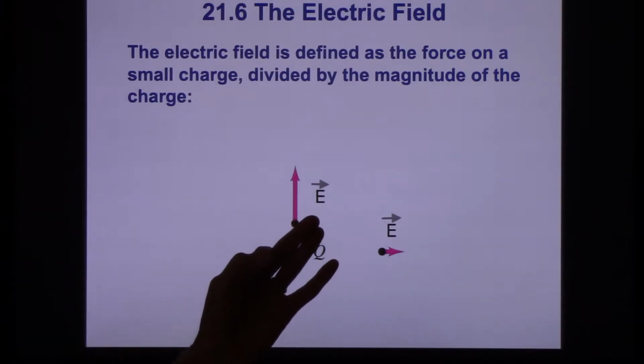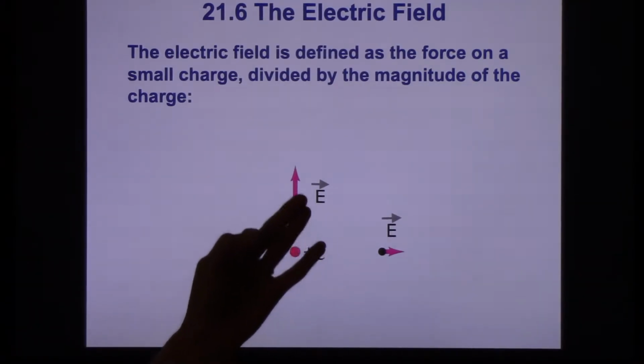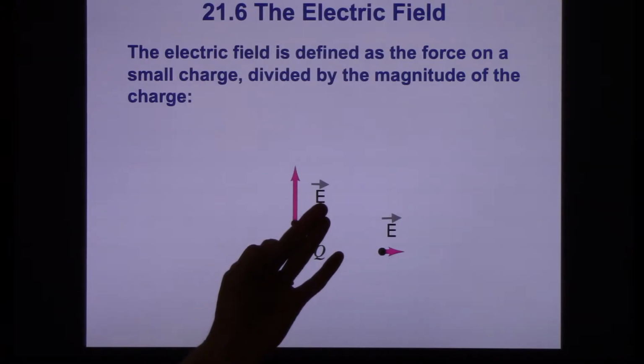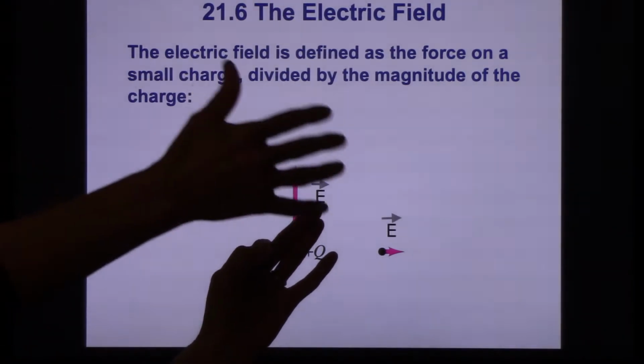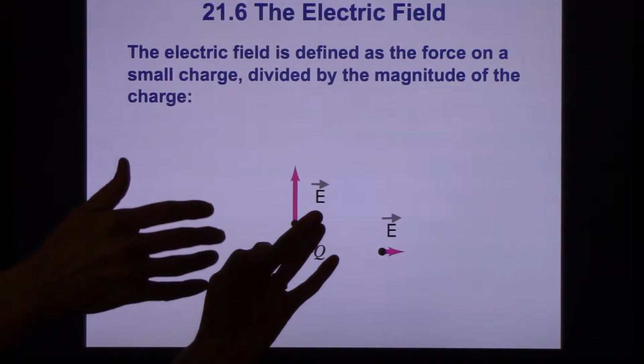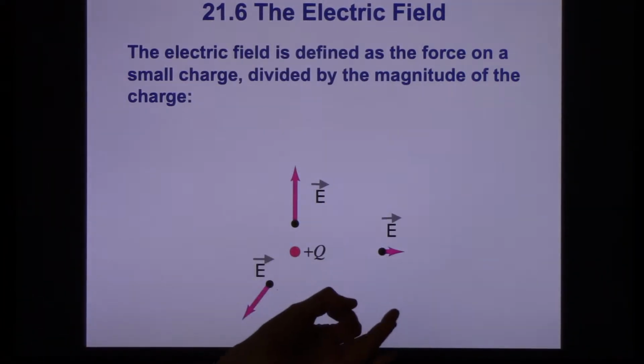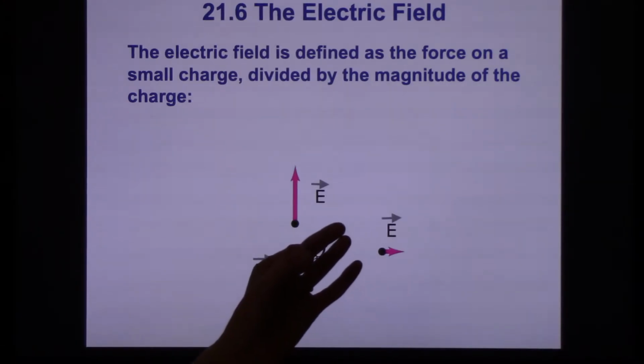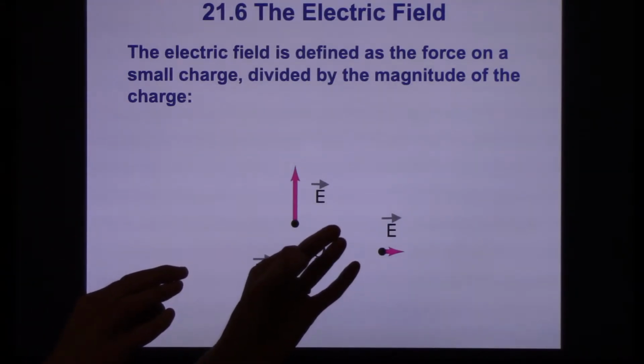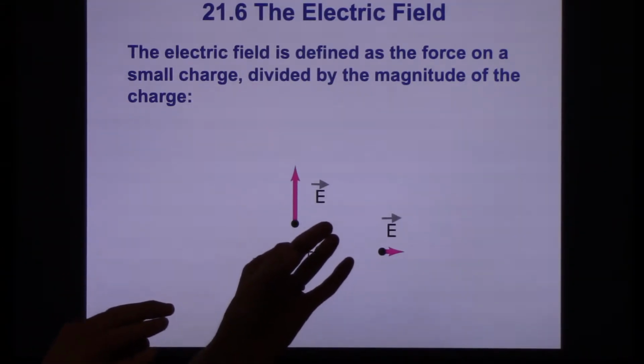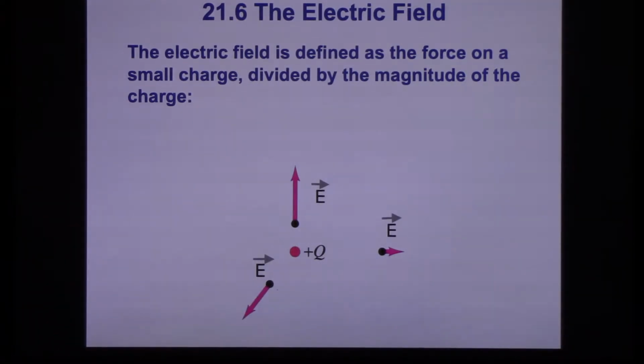Another charge comes by. Well, if another charge comes by, this charge is going to feel an effect. Now, even before this charge comes by, what we can say is this charge already by itself has created an electric field. Everywhere around it, there is this field that it's generated, and when another charge comes through, the field has an effect on it. So that's kind of interesting.